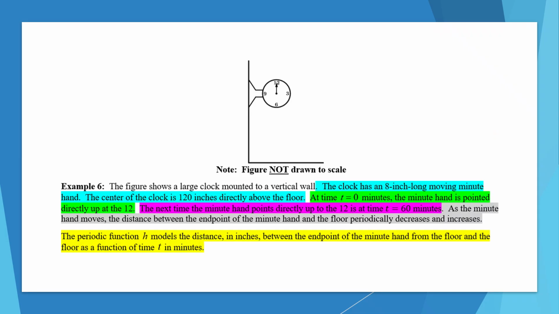So right here, we just want to take note that the minute hand moves. The distance between the endpoint and the floor will start by decreasing and then back to increasing, and then it will do this again and again. So it's going to start at the maximum and go down, which we kind of already knew. It just reconfirmed it to us.